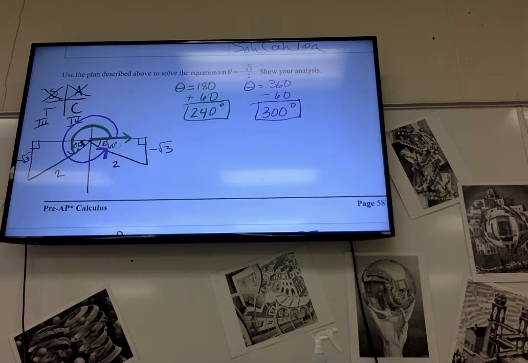Yesterday, we spent most of our time finding the sine, the cosine, the tangent. Okay, now grab a calculator, because we're going to do this with a calculator.